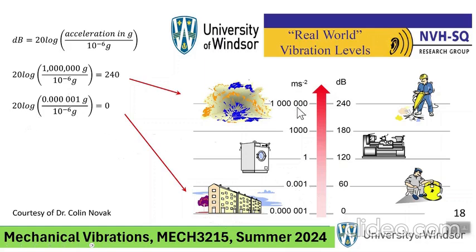So instead of referring to these levels of acceleration, you can refer to it in the decibel scale, assuming that you have taken this as your reference situation. Now, in general, this does not have to be in terms of acceleration. It can be about any entity, x, and we can associate with it a reference entity, and then we discuss these values of x in terms of the decibel scale.